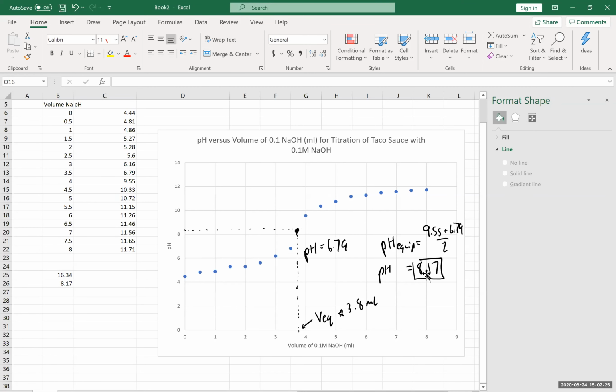I'm not looking for any of this drawing in your final submission, but I do want you to be able to, in your laboratory notebook, note the 2 inflection points, show this pH calculation, and then show, or at least explain, how you determine the volume. So you may have to print it out or do it by hand. I'm just drawing on it to show the exact process of how you'd extrapolate and determine the volume at the equivalence point.